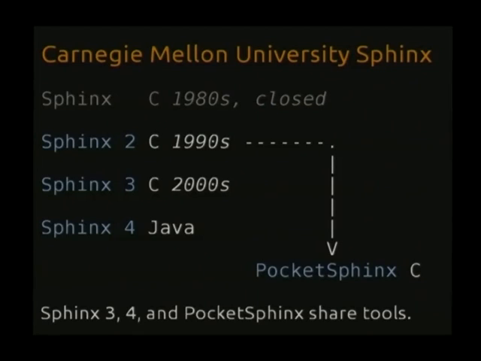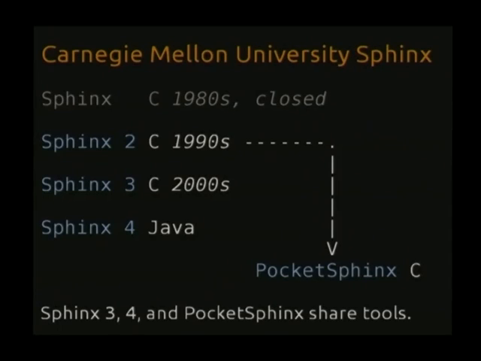So they keep rewriting it. They rewrote it as Sphinx 2, then 3 in C, and then somebody rewrote it in Java. And then they found that Sphinx 2 actually was quite good and fast, and it could do some useful things in almost real time on smallish devices. So they called that PocketSphinx and kept on going on it.